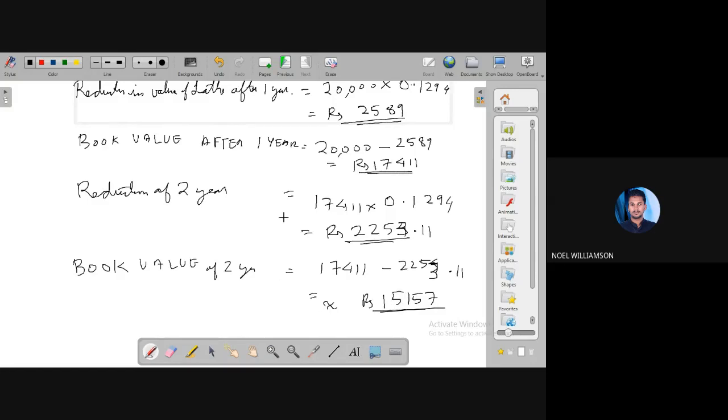Okay. This is the diminishing balance method. So I think the time is over.